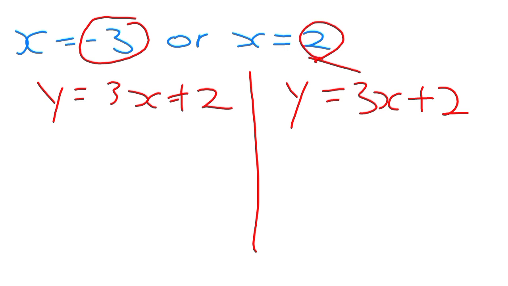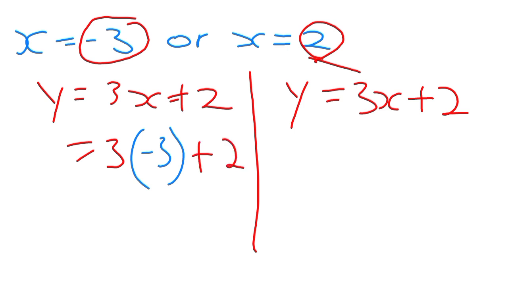So now y is equal to 3, where we see x, remember we put negative 3 there, and then we are going to plus 2 there. Here also we have 3 into 2, then plus 2.